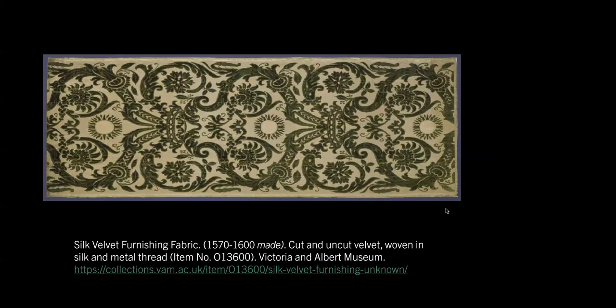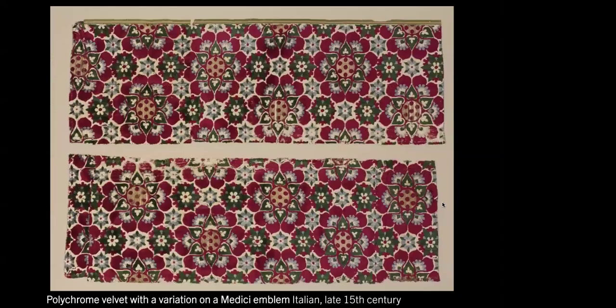So beautiful motifs and definitely a major driver of the economy, particularly in Florence. Anyway, I can't see the bottom of my slide, but again, those are all woven into the fabric. It is not painted. This is a woven velvet textile, and it is very beautiful.